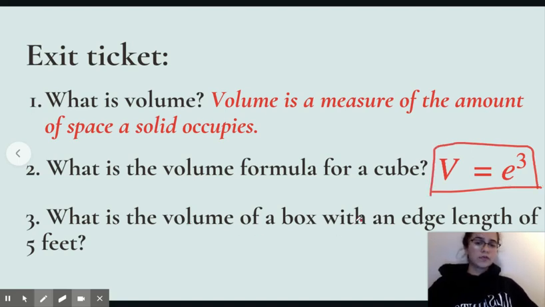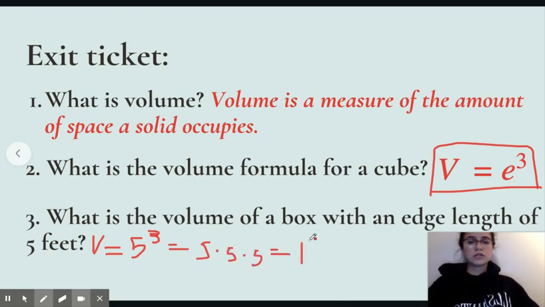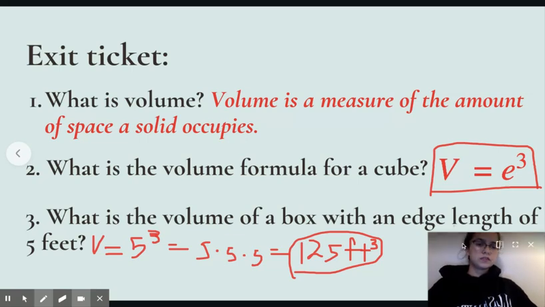And then what is the volume of a box with an edge length of 5 feet? So hopefully you were able to do volume equals 5 cubed. Okay, which is the same as 5 times 5 times 5, which is equal to 125 cubic feet. Okay, so the volume of that box would be 125 cubic feet.